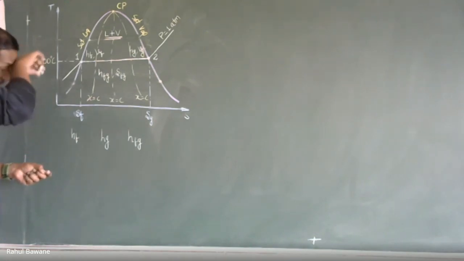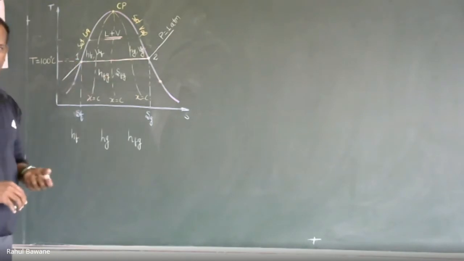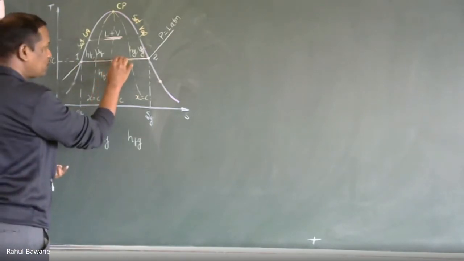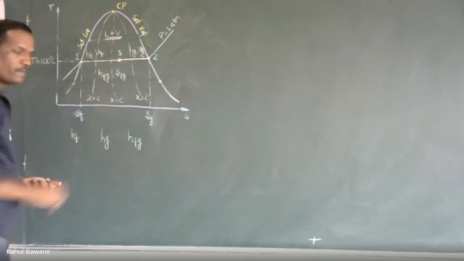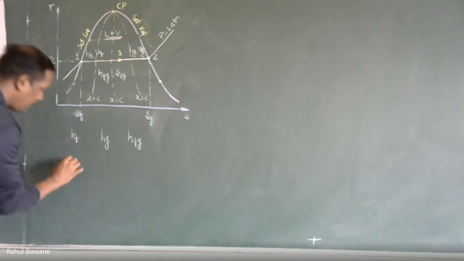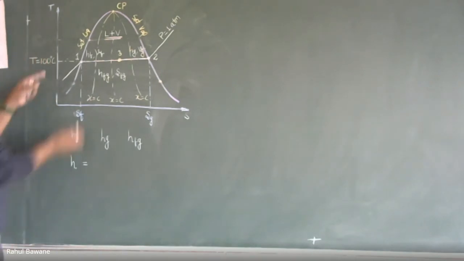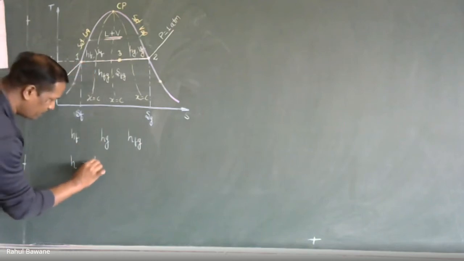Now suppose I don't know the exact position of the enthalpy. Suppose this is the position of our state, point 3. At point 3, if I am interested to find the enthalpy, at least we have to supply this much, Hf, so Hf will be there.